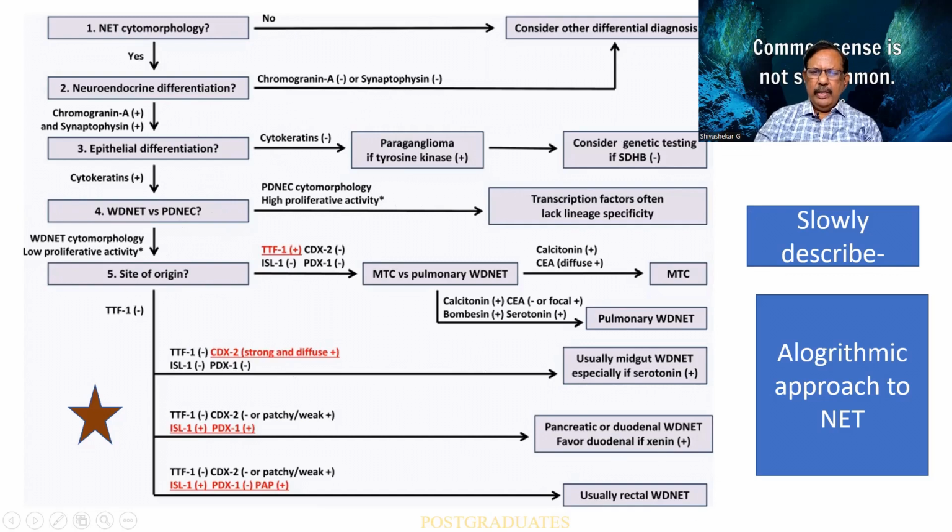Ultimately, you are able to make a diagnosis as to what it is, whether it is duodenal, whether it is rectal, and what is the marker that is present. This kind of an analysis is mandatory. It is almost like a coagulation disorder. You try to rule out one by one and finally come to a diagnosis. This is an algorithm.